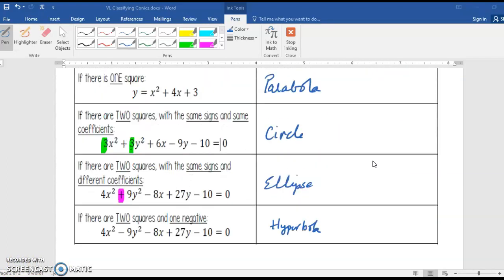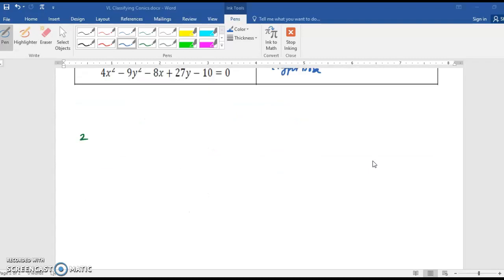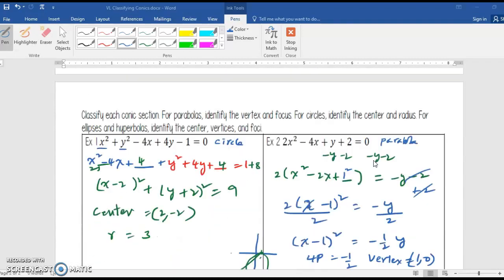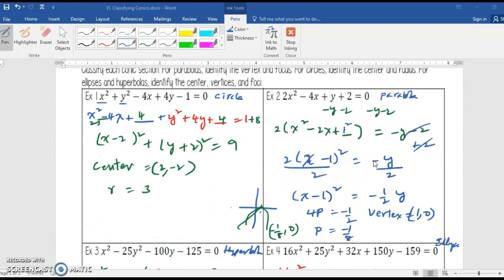Okay guys, so this is where we worked with, and if you see here, I have already worked this out for you. Here this is a circle, parabola. You would base your identification process with x squared plus y squared here. Both the coefficients are positive, and so this would be a circle, and they're positive and they're being added. Parabola, there is one x squared term.